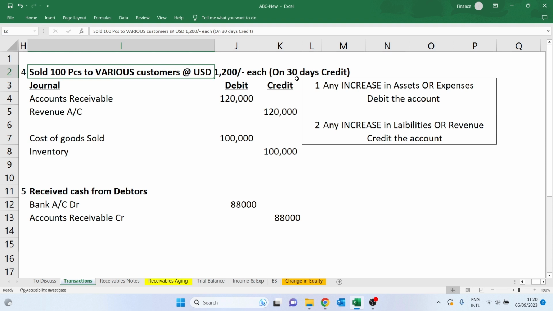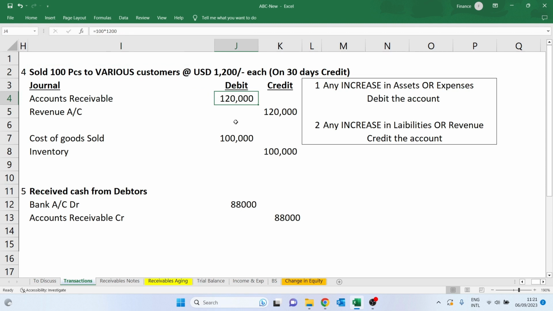It is a credit sale. So what will be the entry? Here we sold 100 PCs to various customers at 1,200 each, on credit basis. We are creating a revenue of 100 into 1,200, 120,000 US dollars.